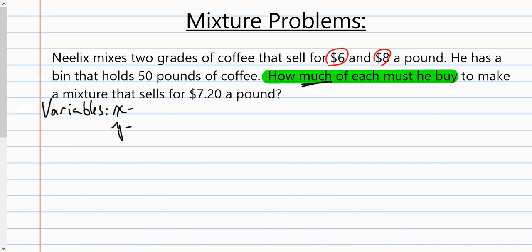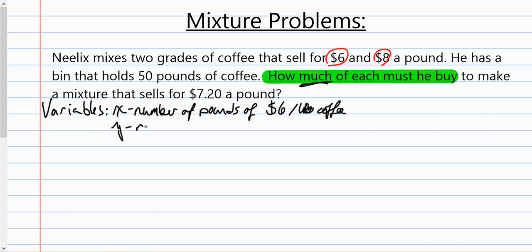This much, I could have asked this in a different way. I could have put the units in this phrase, and that would have said how many pounds of each must he buy. So I know that this is going to be measured in pounds, and I would say x is the number of pounds of, let's call this one the $6 per pound coffee.